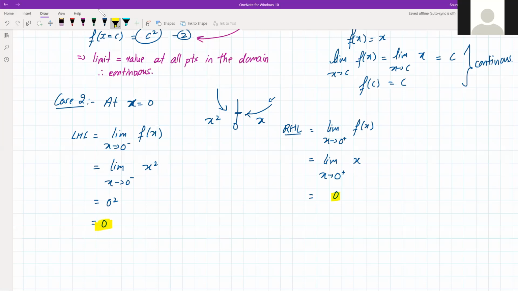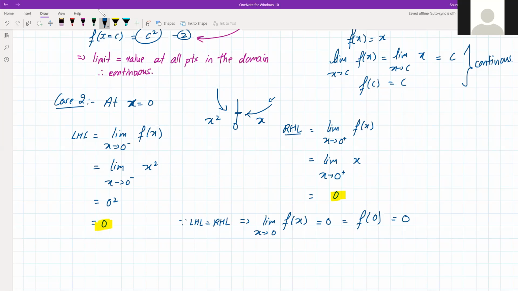Both the limits are equal, and that's why, because LHL equals RHL, the limit when x tends to 0 of f(x) is equal to 0. Done. So the limit is 0, and that limit is equal to f(0), which equals 0.